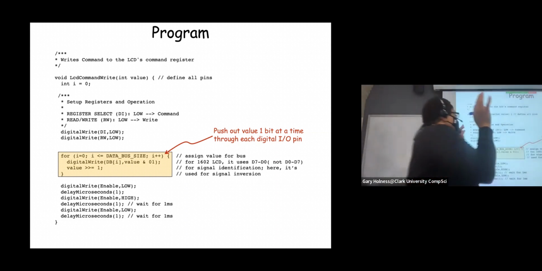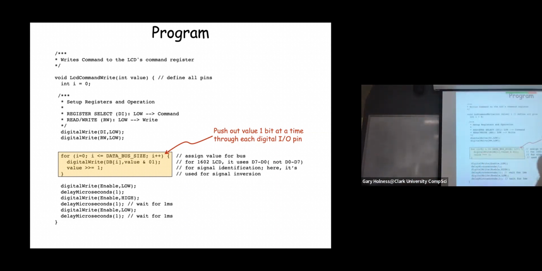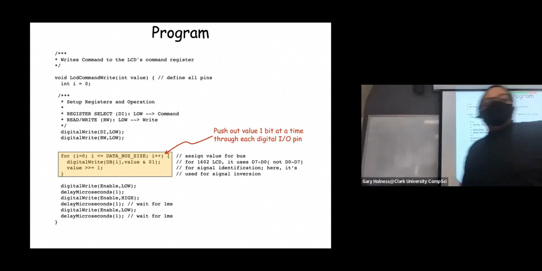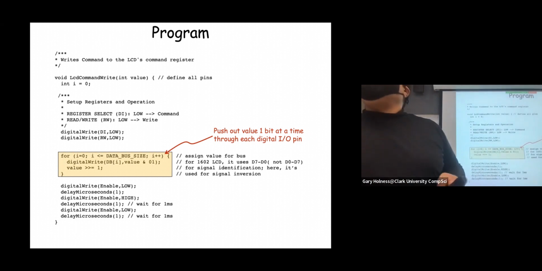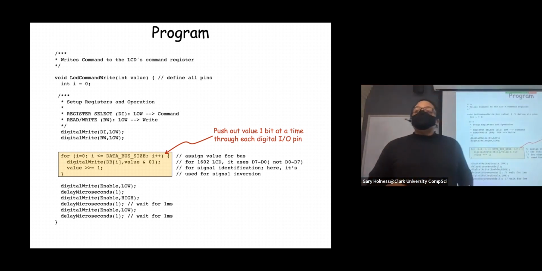Okay, so this is going to be more of something to study than a lot of stuff to build, because there are a lot of different moving parts. There's the data bus for the device, there's the value in memory, and there's the digital I/O port on the Arduino that you're using to send that value. They just happen to be doing it one bit at a time. Do they have to do it that way? Absolutely not. They just chose to do it that way. Okay? Any other questions? No questions? All right.